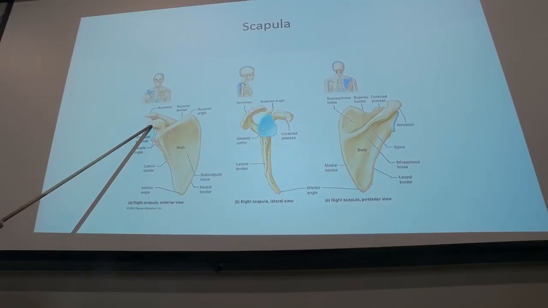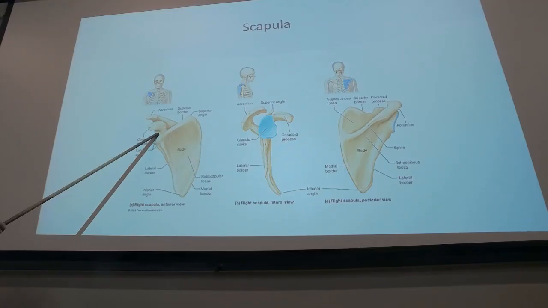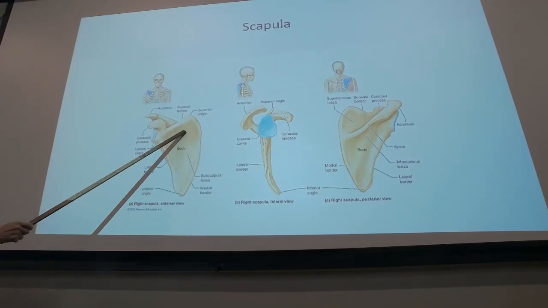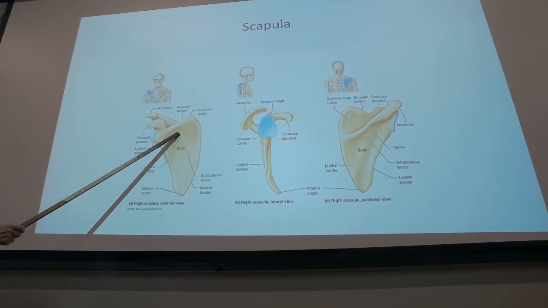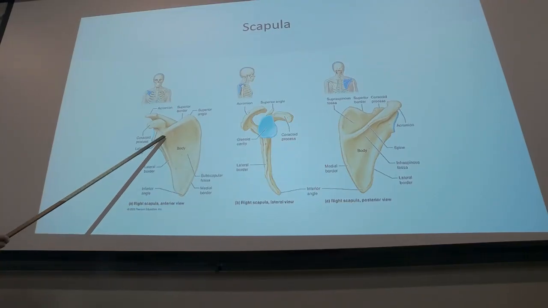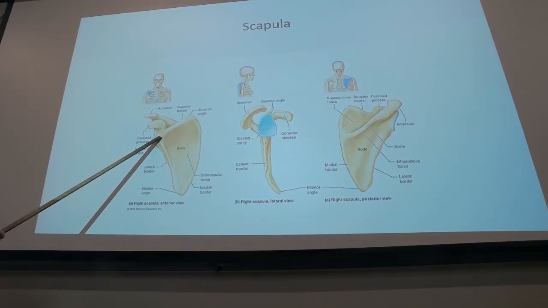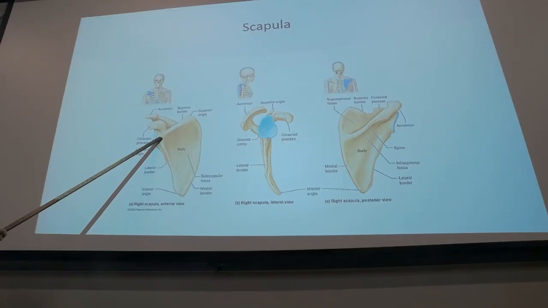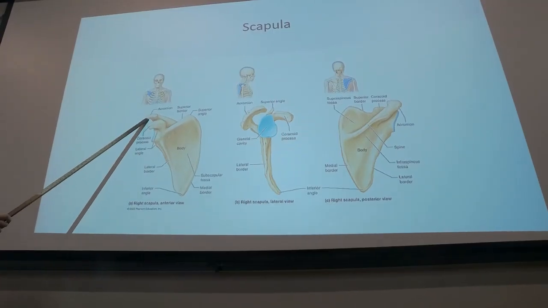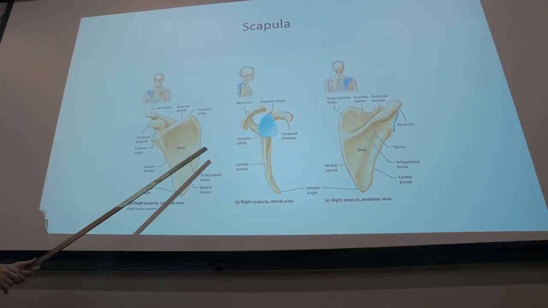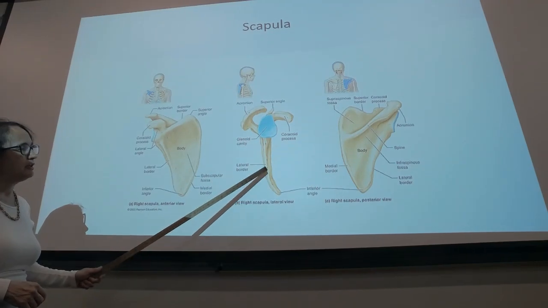Above the lateral angle we have the glenoid cavity. This is the body, and in the body we have the subscapular fossa. This is the coracoid process coming up from the superior border. And then this is the acromion. Laterally, you can see the lateral border.